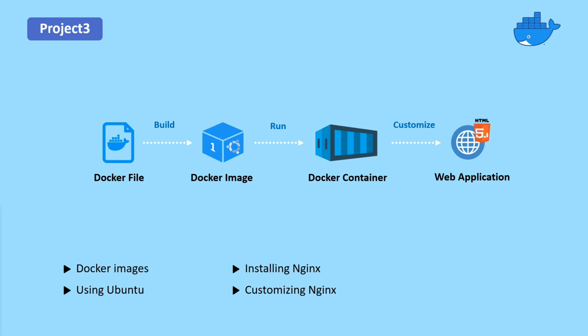You are also going to learn how to customize Nginx configuration. Specifically, you are going to learn how to customize Nginx configuration to serve your own web application by adding your application files to the Docker image and configuring Nginx to serve them.